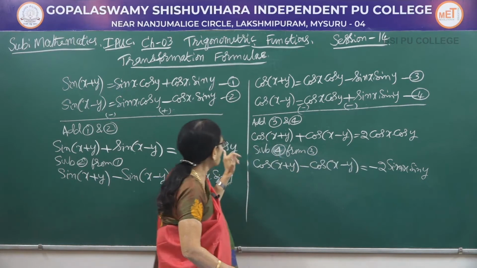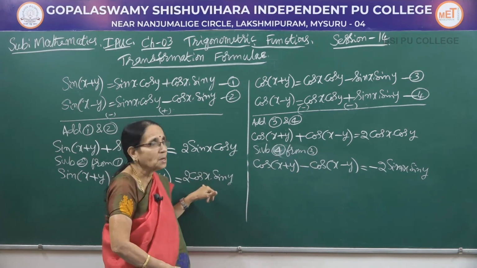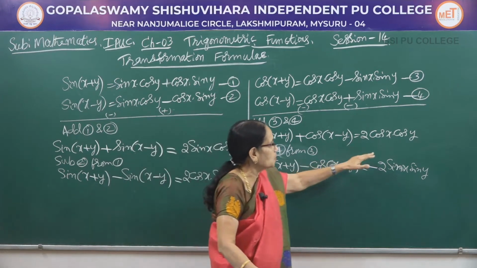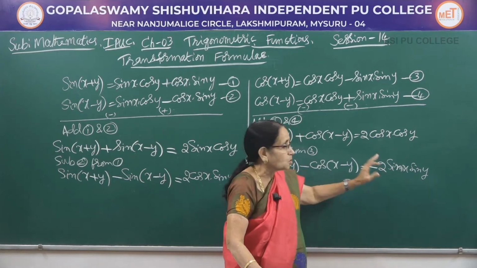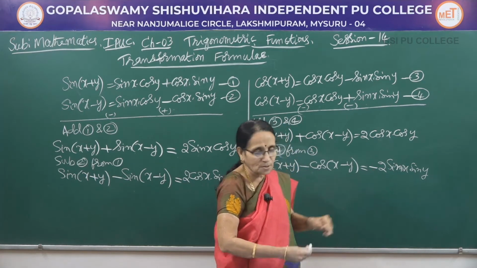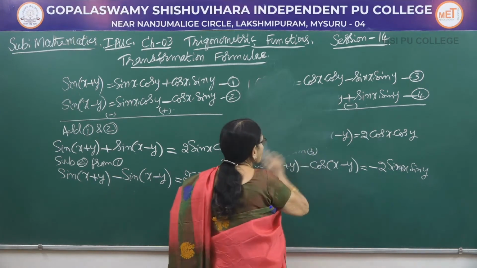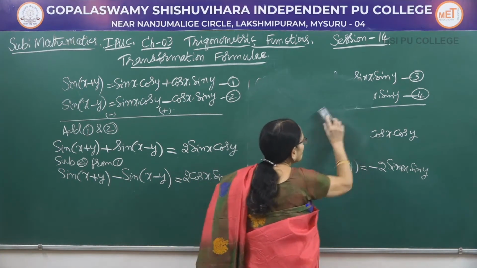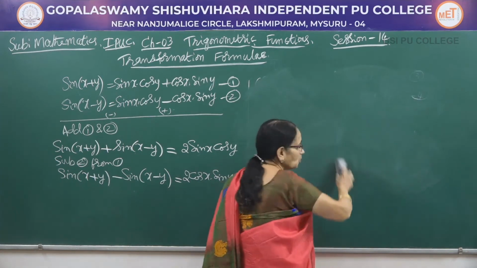The difference is, in the first two formulae, both the products contain both sine and cosine terms, whereas in this one it is purely a cosine product and it is purely a sine product. Only in this one we have got a minus sign. Now let me write all these formulae together, and then we can get the remaining 4 formulae which can be obtained by these 4 formulae.